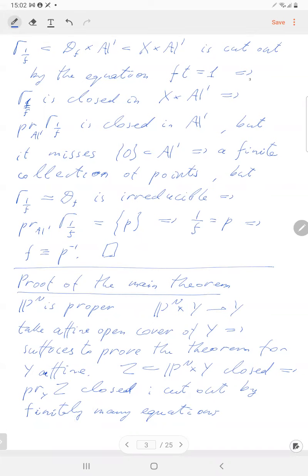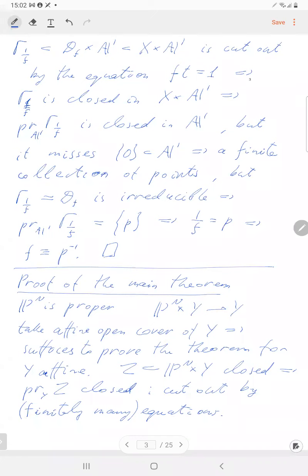But again, in principle, that's not necessary. In fact we will construct infinitely many equations, but then by the Noetherian property, finitely many of them will suffice. Okay, so let's do this.